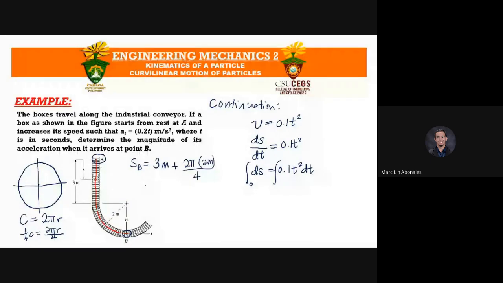So what is the final position of the box at point B, until it reaches point B? The final position is 3 meters plus 2 pi times 2 meters over 4, which is 6.14.